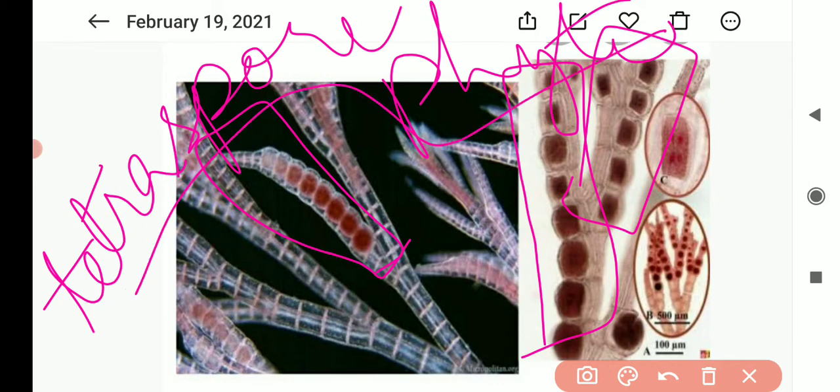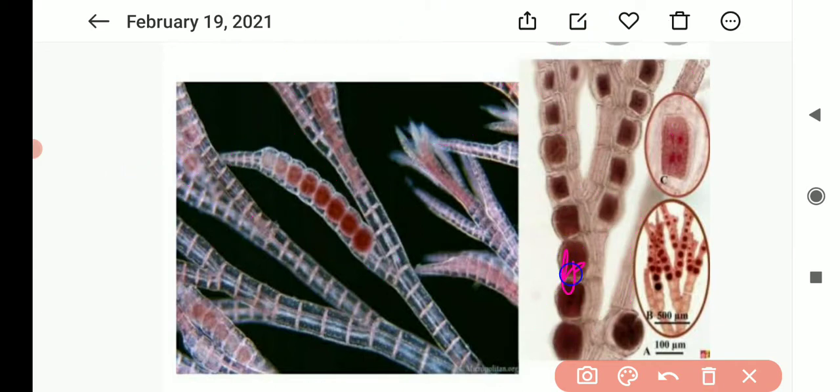And inside this long tetrasporophyte, inside we have tetraspores. Here is a tetraspore, here also a tetraspore, this one also a tetraspore. Get it? This whole thing is the tetrasporophyte, because it contains tetraspores.